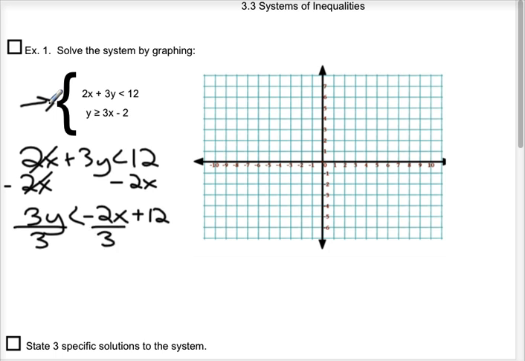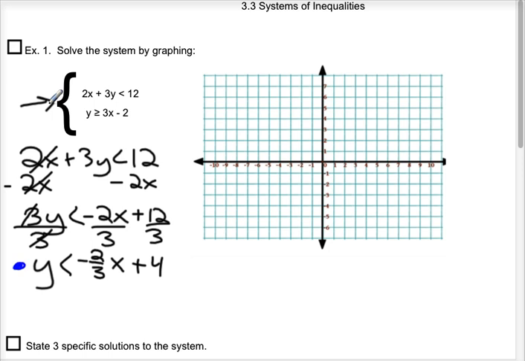So I'm going to have 3y is less than negative 2x plus 12. And now I'm going to divide everything by 3. So I get y is less than negative 2/3 x plus 4. All right, so mission accomplished. I have my first inequality solved for y. So now I can actually graph it. So I'm going to graph this one in blue.